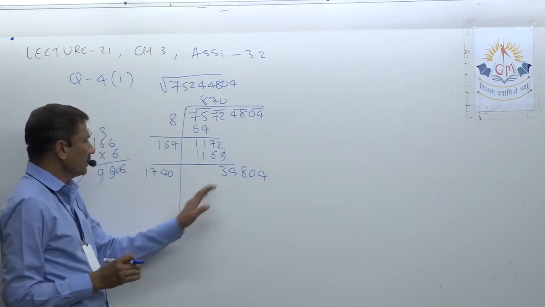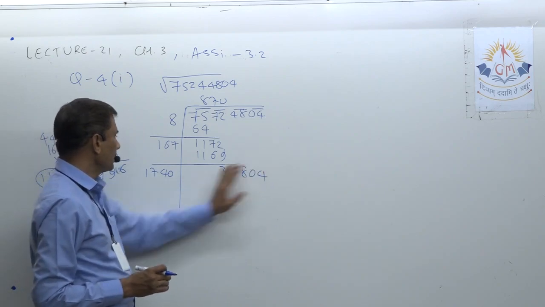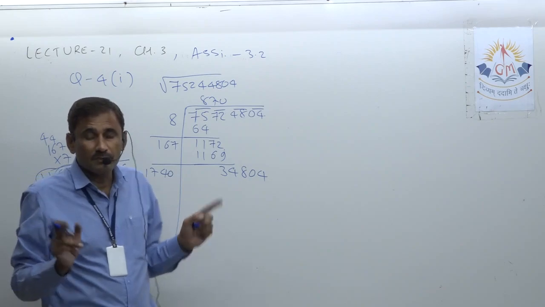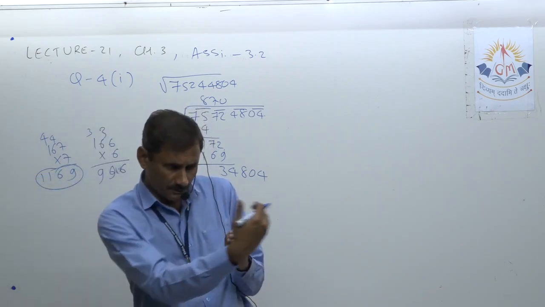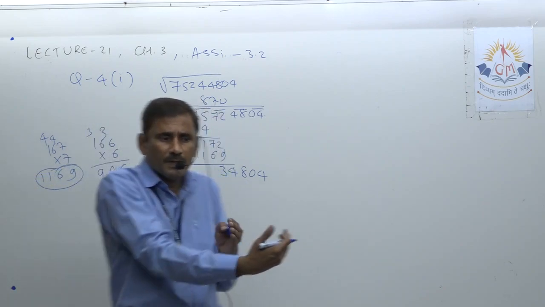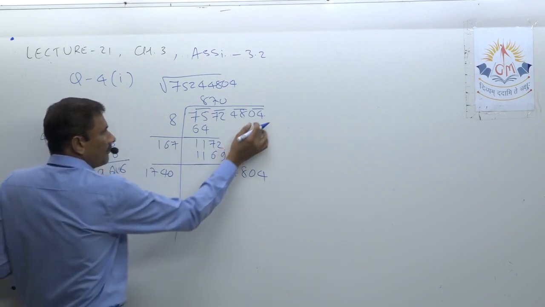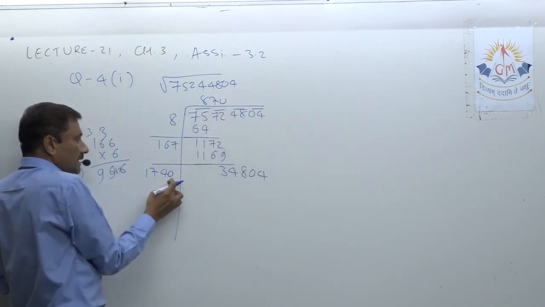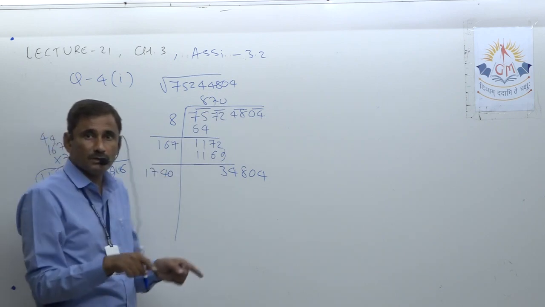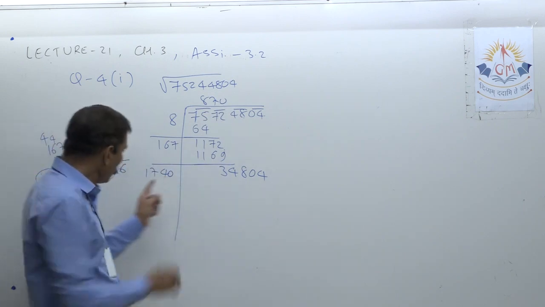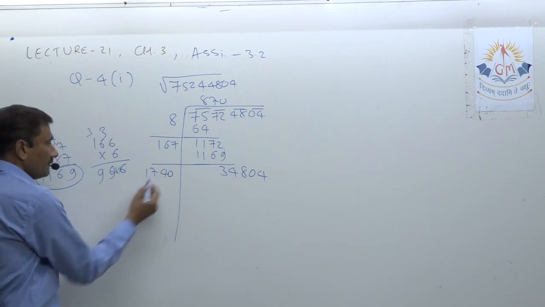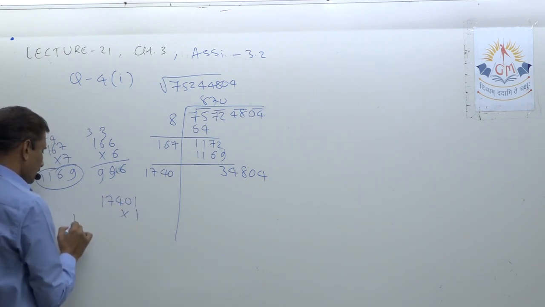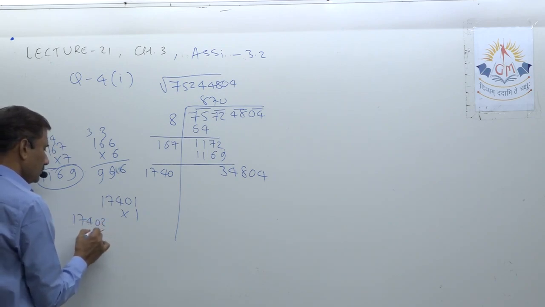Understood? Because it was priorly 348 here and here only 174. Division not possible means here not division but the step is not possible. So I brought here the second pair also, but before bringing the second pair, first of all write 0, then only bring it. Now I have to look again, whether it is 17401 into 1 or 17402 into 2, whatever may be.